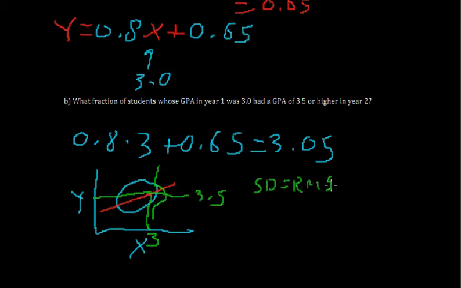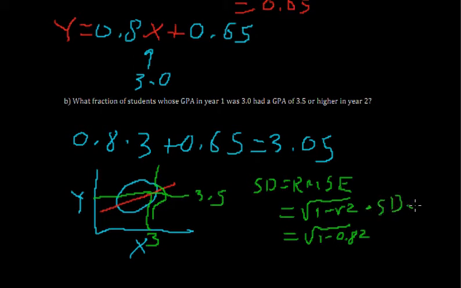So what's the RMSE? The RMSE is square root of 1 minus r squared times SDY, and remember r is 0.8, so it's square root of 1 minus 0.8 squared, and that times SDY, so that's times 0.6, and that is equal to 0.36.